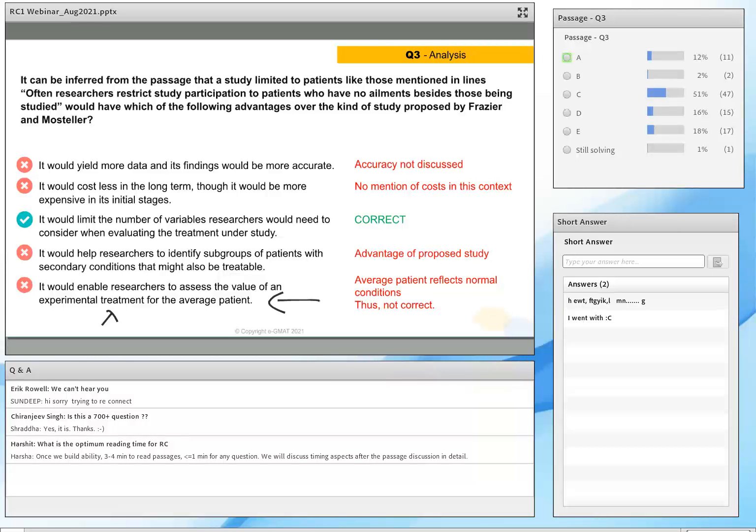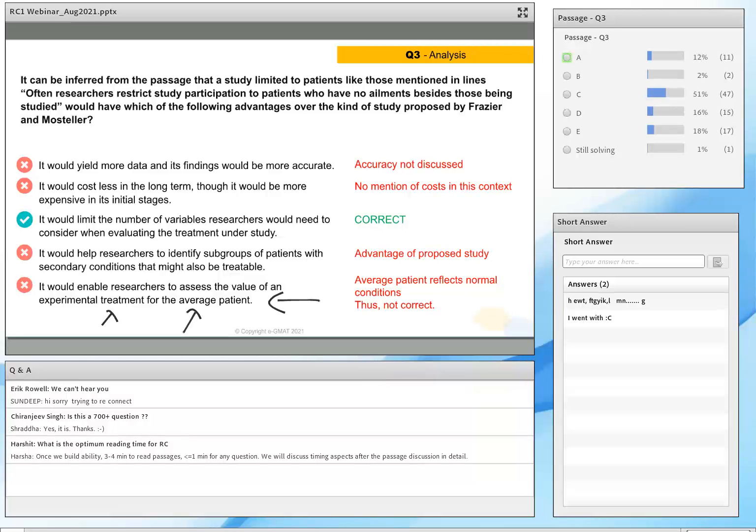This just does not happen in the current clinical trials. They do not take average patients to begin with. They do not even include average patients in their studies, right? So how will they be able to do it?